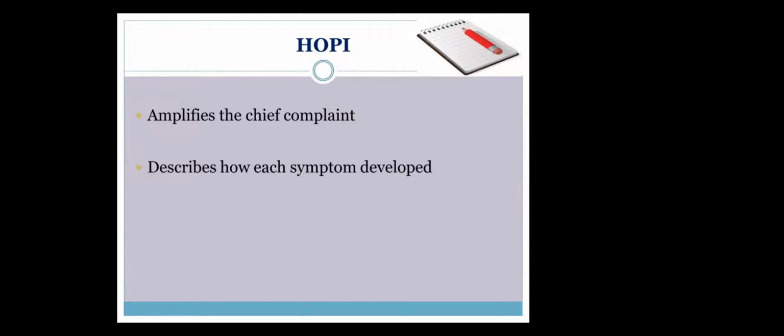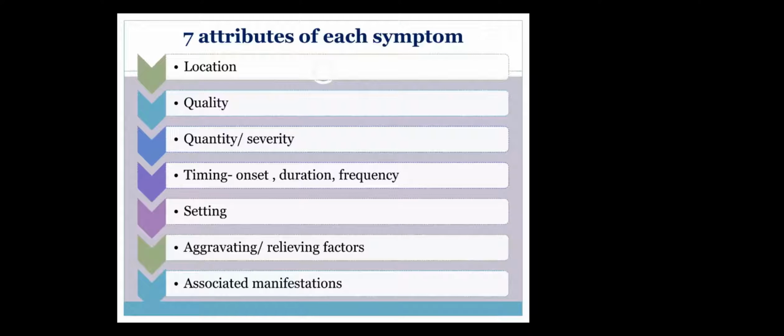Describing these complaints under all these attributes will ensure that we have a comprehensive idea about the complaint. So it should include location, quality, quantity or severity, timing. Timing should also include the onset of the complaint, the duration of the complaint, and the frequency of the complaint. Setting, aggravating and relieving factors.